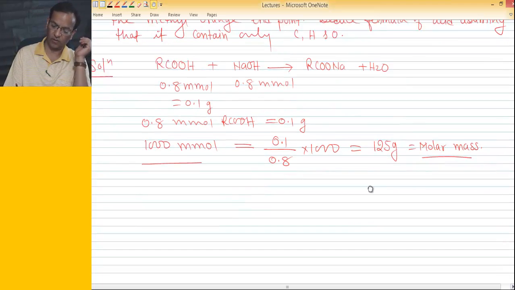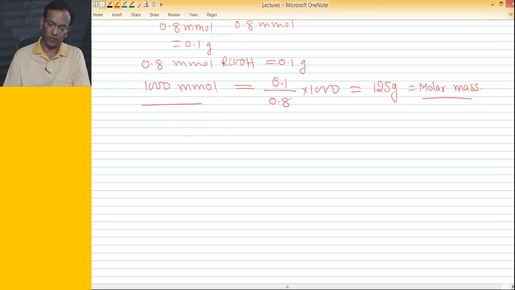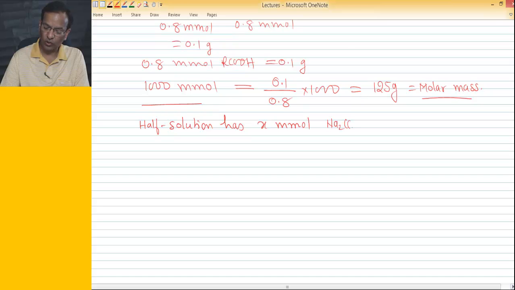So now let us assume that half solution has X millimole Na2CO3 and Y millimole NaOH.